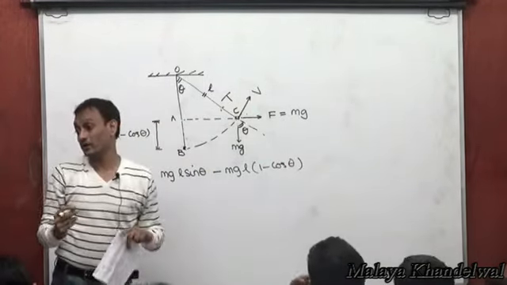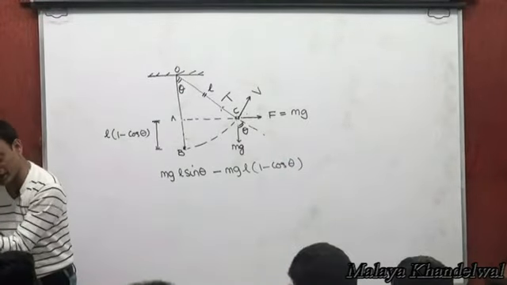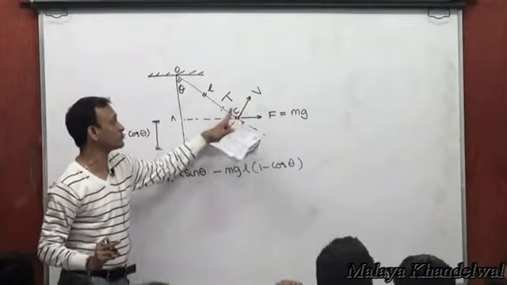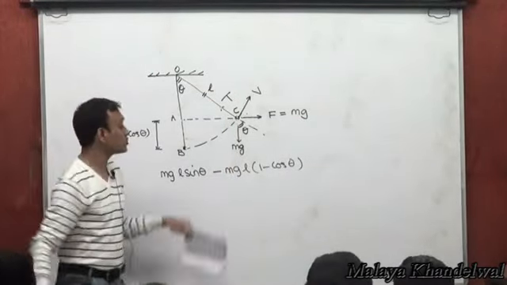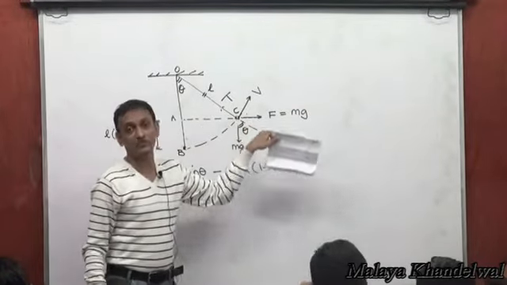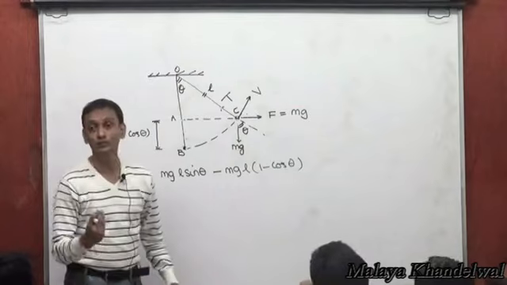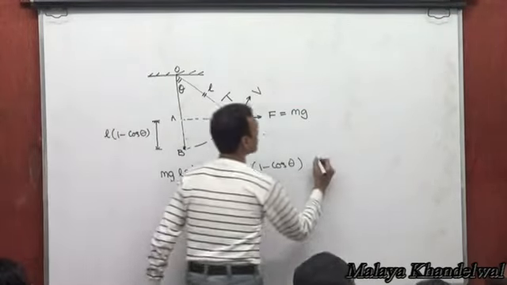Tension is not doing any work because tension at each instant is perpendicular to the displacement or the velocity, right? Because this is a circular trajectory. So work done by tension is 0. So from B to C, this is the work done by various forces, and this must be equal to half mv squared, the change in kinetic energy.